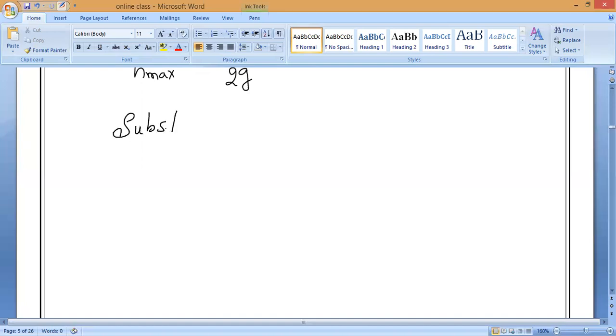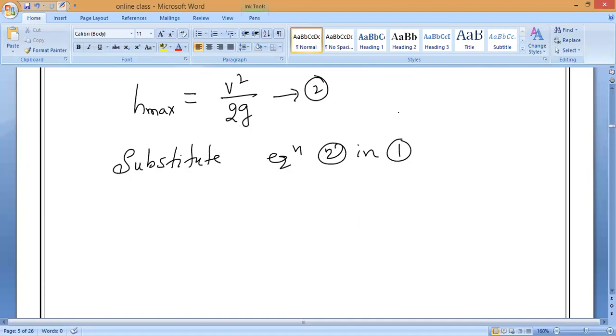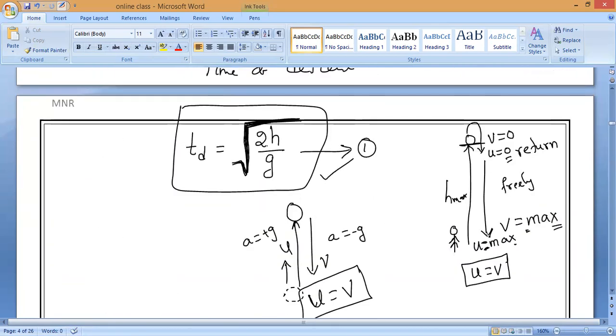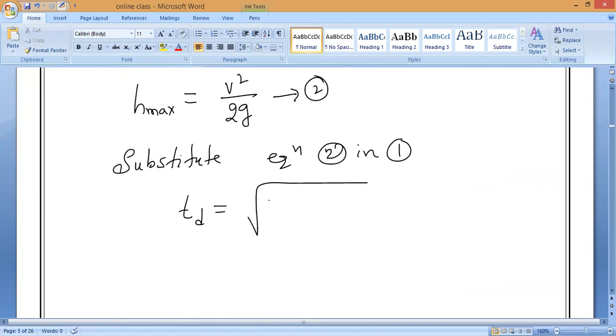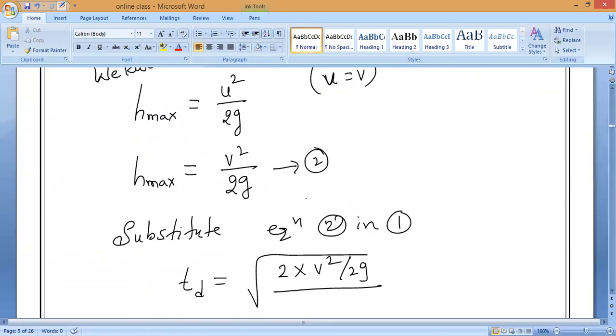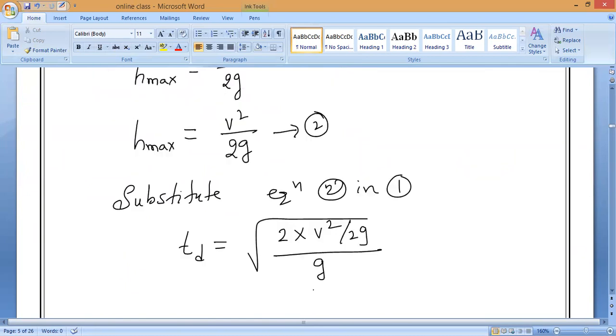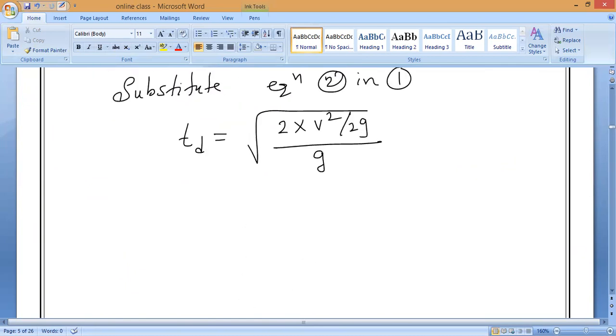What will happen? t d, the time of descent, is equal to root of 2h divided by g. And h means height, v square divided by 2g. Is it okay, guys? Any doubt? Till here, any doubt, guys? I think no one has a doubt.